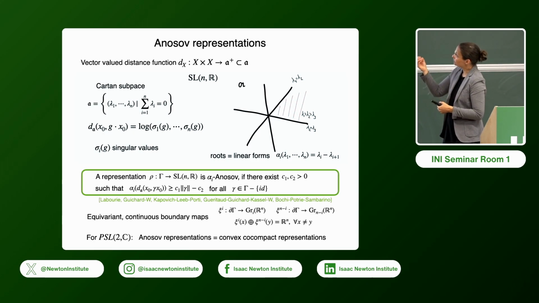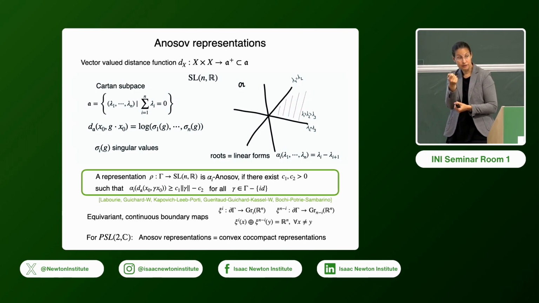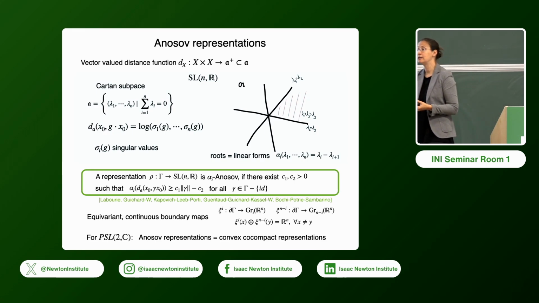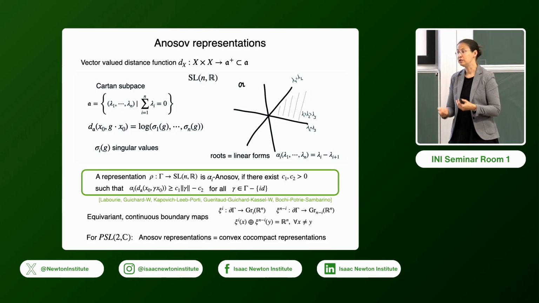you can order them by size, or you can permute them. So what is the vector valued distance function between your base point and your element of SL_n(R) applied to the base point? You take your matrix in SL_n(R), and you take the log of its singular values, so of the eigenvalues of G transpose G. G is an n by n matrix, and I make it symmetric by taking G transpose G. Now I have a symmetric matrix that has eigenvalues.